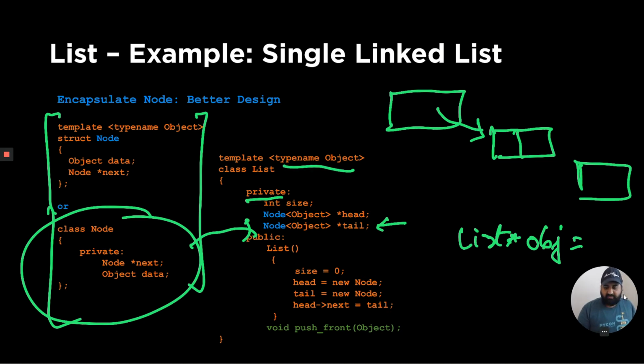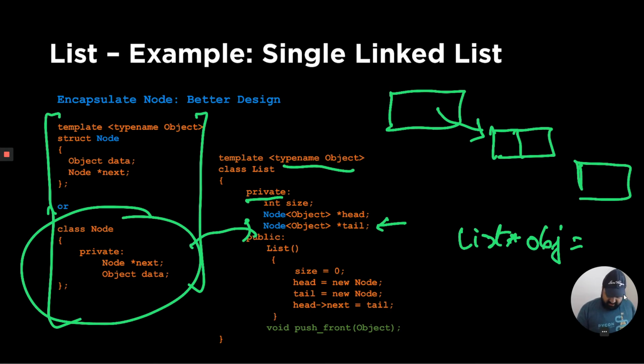I'm using templates, but if you want to simplify this, you can just use a certain type. But it's always good to use a generic template-based list because you can store any type of object.